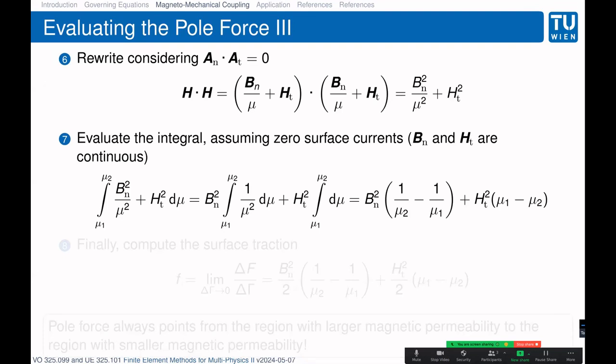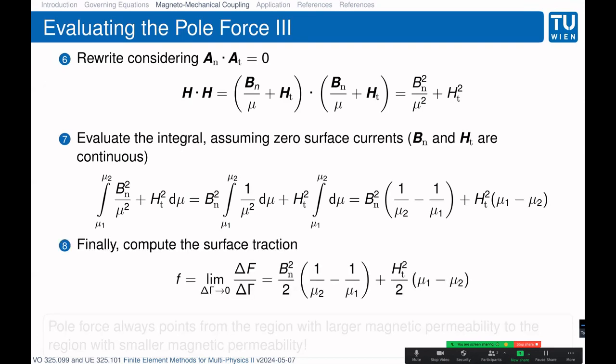Okay, and then you can integrate and assume that the normal component of B needs to be continuous over the interface, and the tangential component of H has to be continuous over the interface.